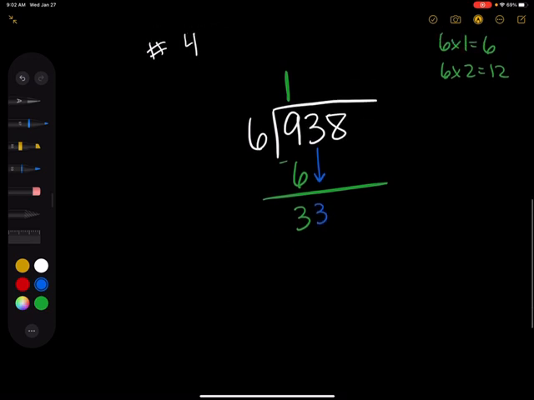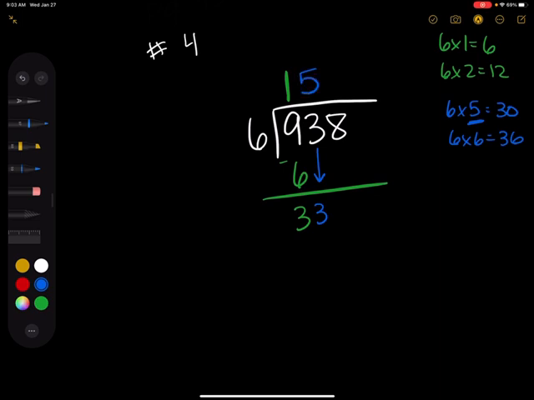Now I'm going to ask myself, how many groups of 6 can I fit into 33 without going over? Okay. And if I know some of my quick math, I know that 6 times 5 is 30, and 6 times 6 is 36. That one rhymes, right? So our closest number to 33 is 30. Okay, so 5 groups of 6.